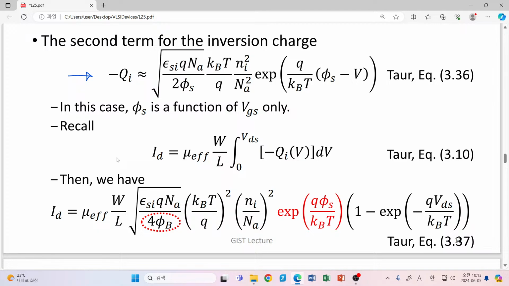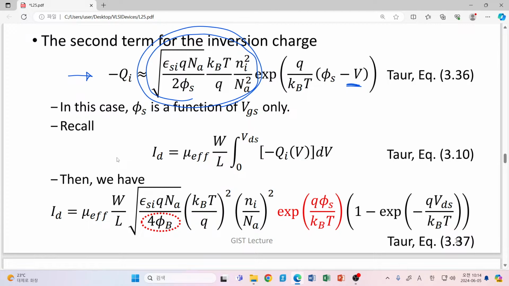of our inversion charge Qi over electron quasi-Fermi potential from 0 to the VDS, the applied drain voltage. Then fortunately this integration can be easily done, because although we have many coefficients, they are all just numbers, and basically this is nothing but an exponential function of our electron quasi-Fermi potential.